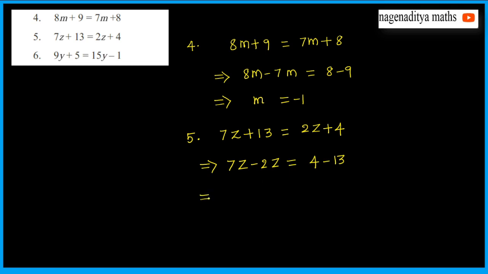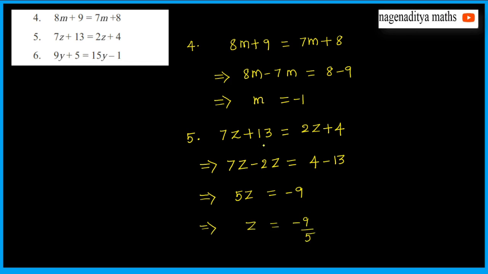So this implies 7z minus 2z is 5z. So 5z is equal to 4 minus 13, that is minus 9. So this implies z is equal to minus 9 by 5.